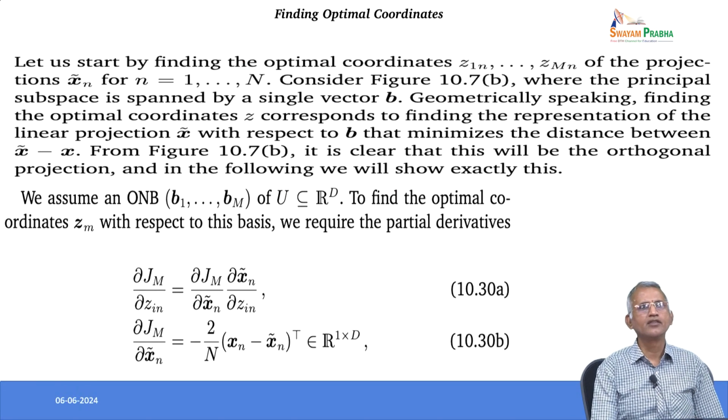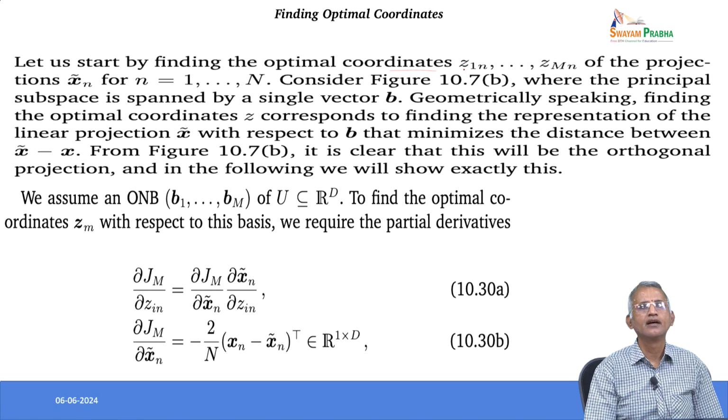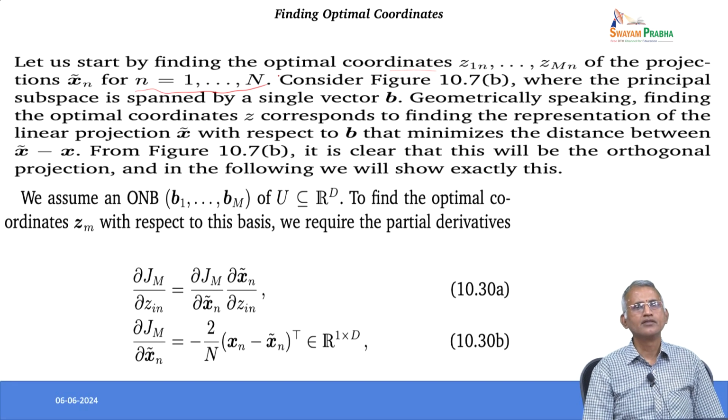And next, finding the optimal coordinates. Let us start to find the optimal coordinates z1n and so on to zMn of the projection xn tilde for n equal to 1 to N. So, consider figure 10.7(b), where the principal subspace is spanned by a single vector b.